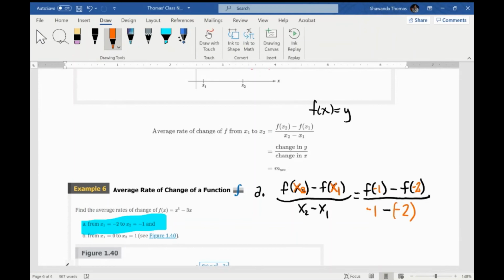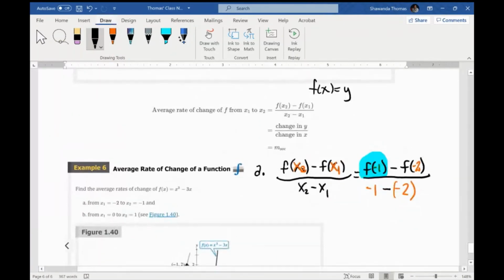All right. Now, how do we figure out what f of -1 is? By plugging in -1 where the x's are in the formula.